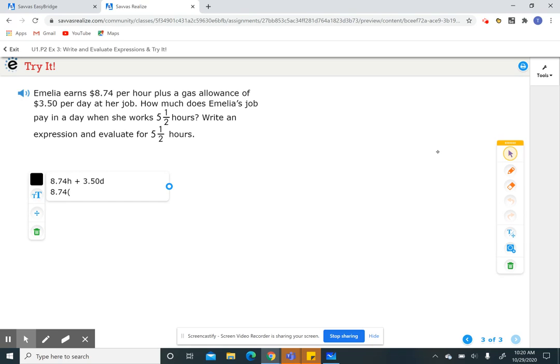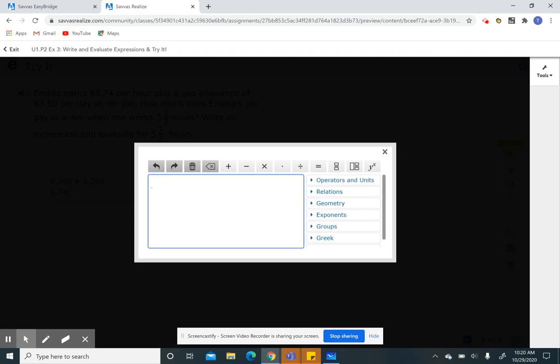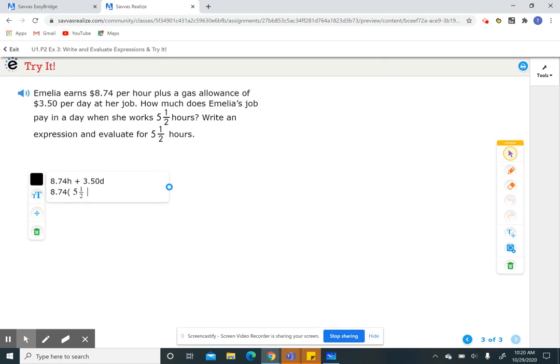And then again, as a reminder, because this is set up as a fraction, I can click this little division sign and then use the mixed number to type in 5 1/2. And you could put the whole problem in here, or if you want to just put a specific number, I can then close my parentheses, plus 3.50 per day.